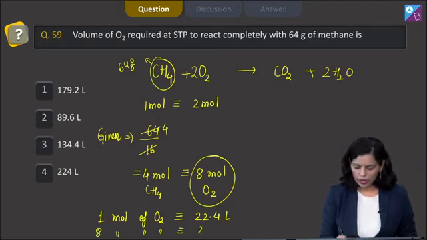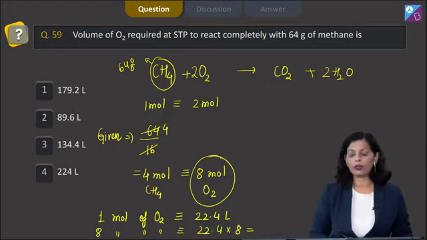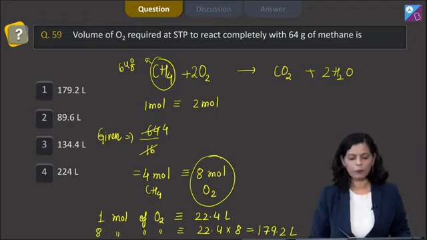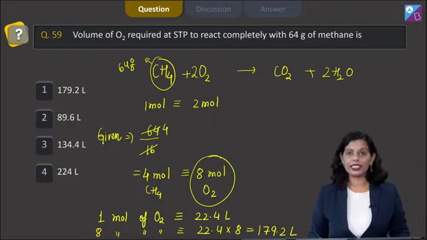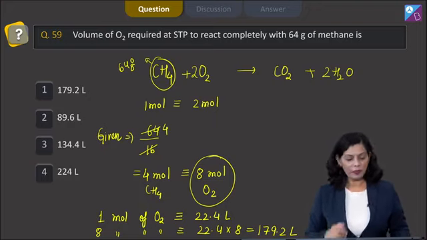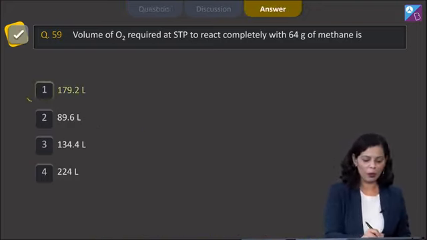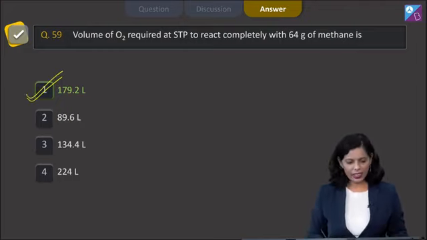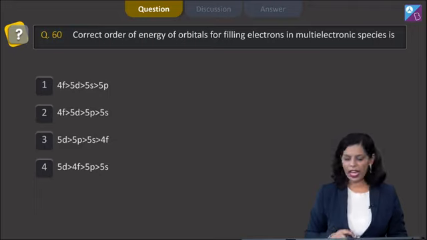So it would be 22.4 into 8, and if you just multiply this, nearly you will get the answer 179.2 liter. And yes, the correct answer is also given in the question itself in option number 1. Clear?